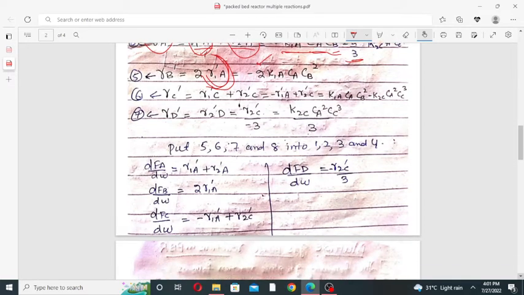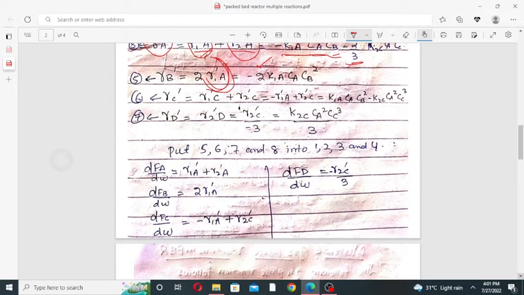Similarly, the net rate of component C in reaction number 1 and reaction number 2 is R1C dash plus R2C dash, and R1C dash is nothing but equal to minus R1A dash, and R2C dash, this one. Now R1A dash from the rate law is equal to this one, and the value of R2C dash is this one. Similarly, the rate of component D in reaction number 1 and reaction number 2.